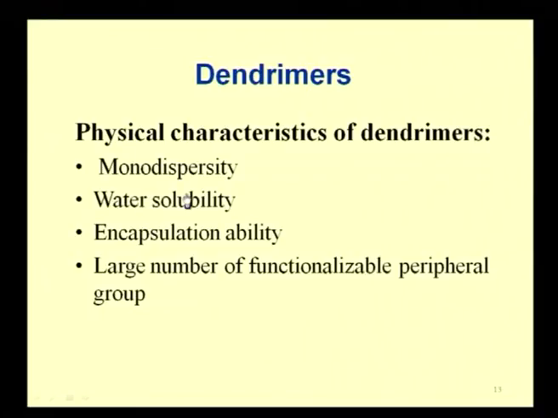Such dendrimers are characterized by monodispersity. Monodispersity means all these dendrimers have a defined molecular weight. There is no difference from one molecule to the other molecule, which is always the case in polymers. In a polymer sample, we cannot simply believe that all the polymer chains will have the same molecular weight, but in the case of dendrimers, the chain length is shorter, predictable, and the same kind of functional groups are available throughout the branched down terminal ends.